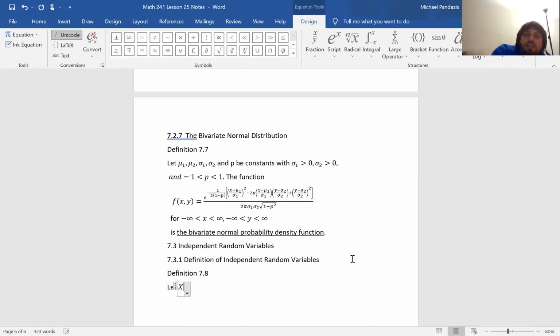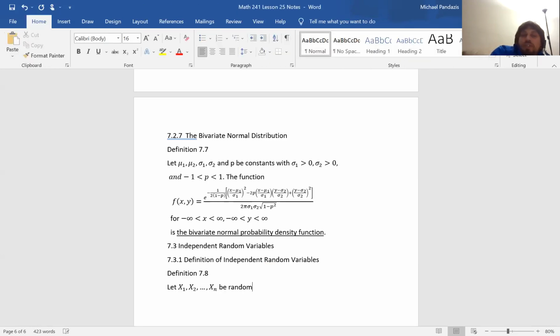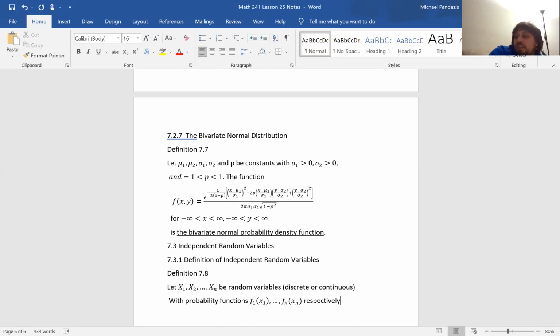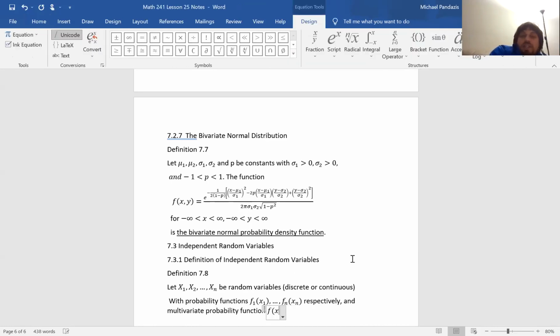Let X1, X2, ..., Xn be random variables, discrete or continuous, with probability functions f sub 1 of x1, ..., f sub n of xn, respectively, and multivariate probability function f of x1, ..., xn.